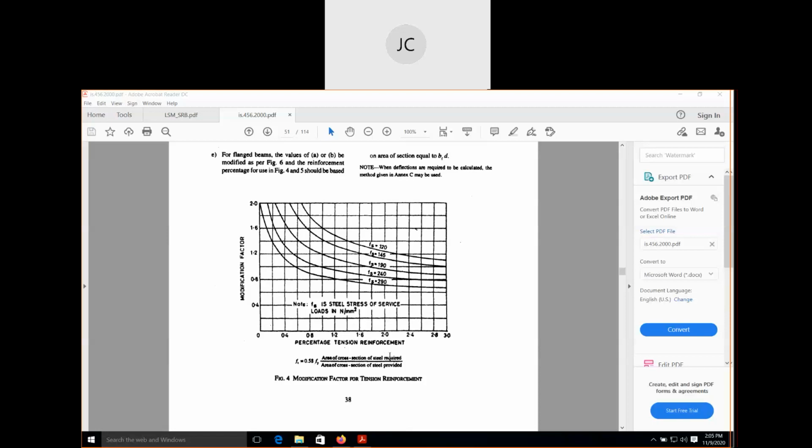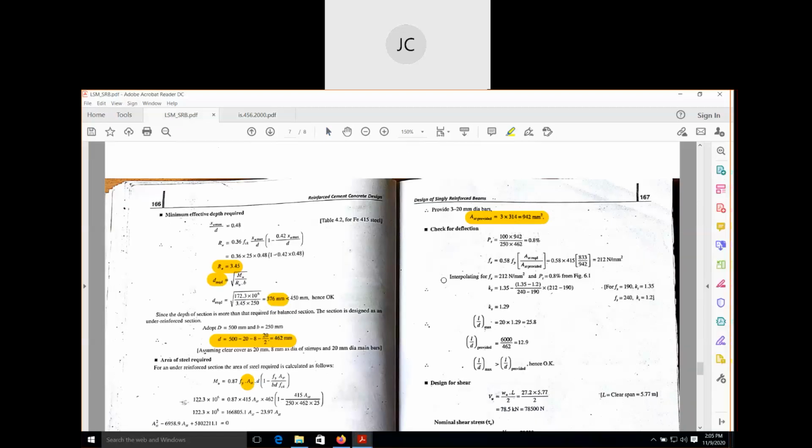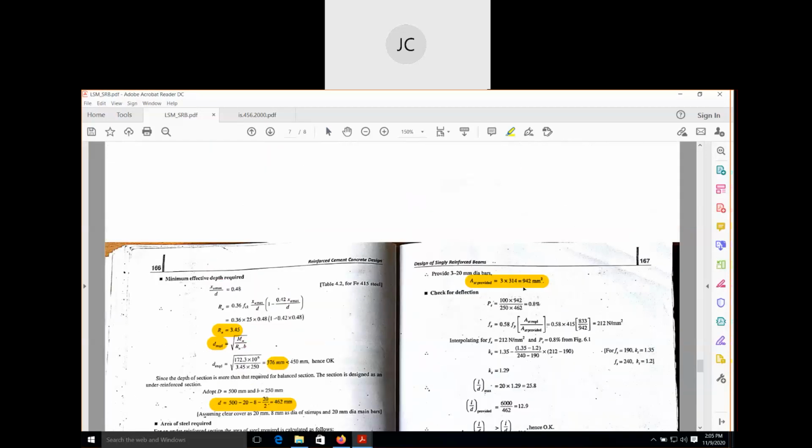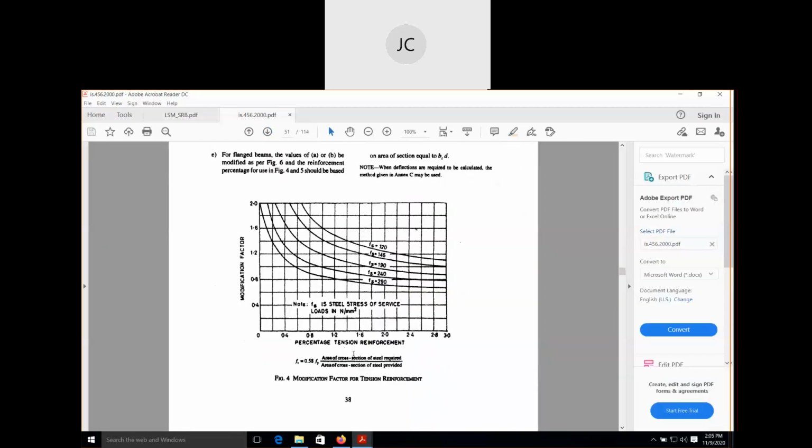Cross section of steel required is 833, and provided is 942. So 0.58 into 415 into 833 divided by 942. From this equation you find out the value of Fs.